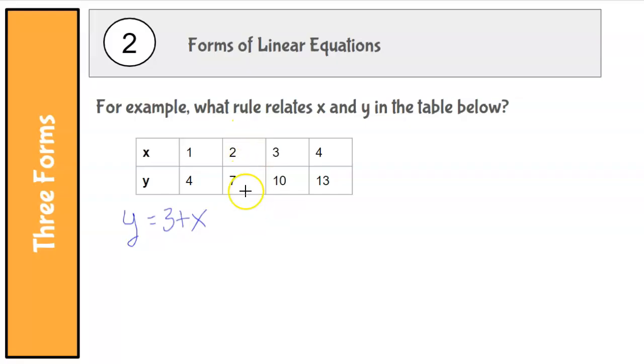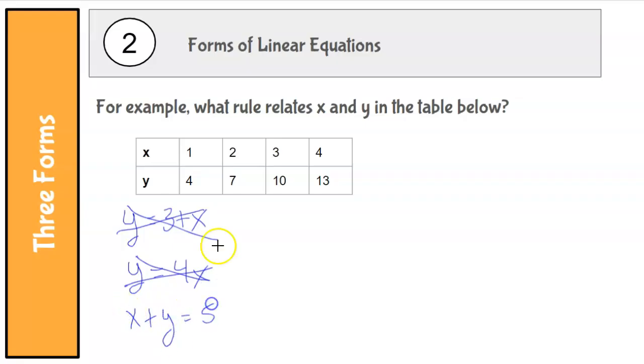But that doesn't hold true for all the other pairs. 7 isn't 3 more than 2. 10 isn't 3 more than 3. So that's not the rule for the x's and the y's in the table. Y is also 4 times what x is. You see that? 4 times x is y, but that also doesn't hold true for all the other pairs. X plus y equals 5, but that doesn't hold true for all the other pairs. So that can't be the rule that defines x and y here.